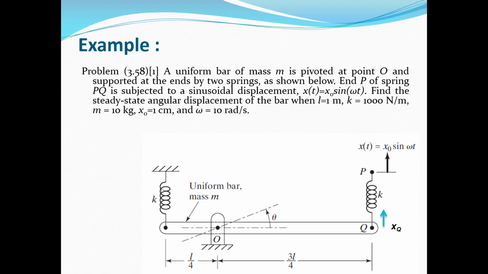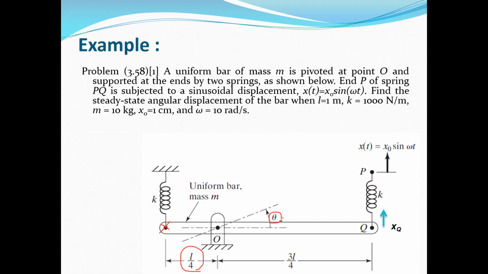But for the left spring, because one edge is fixed, the deflection in the spring is only the displacement of this point, which is equal to L over 4 times theta, and theta is the rotational degree of freedom for this bar.